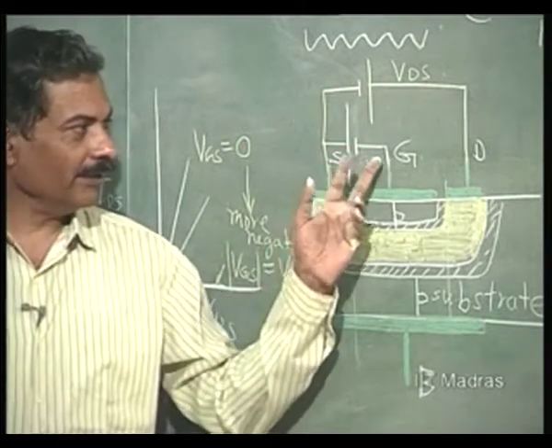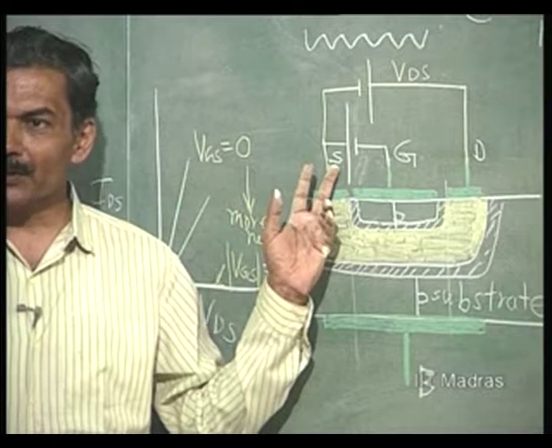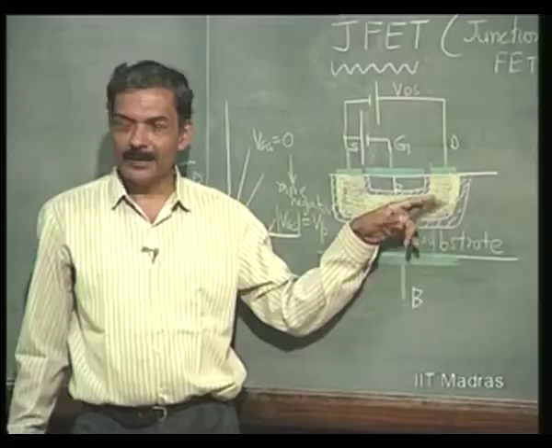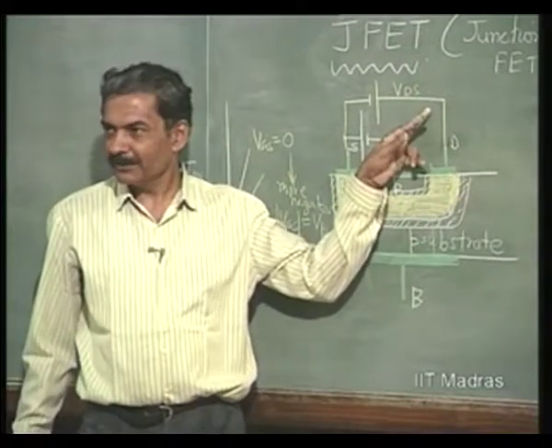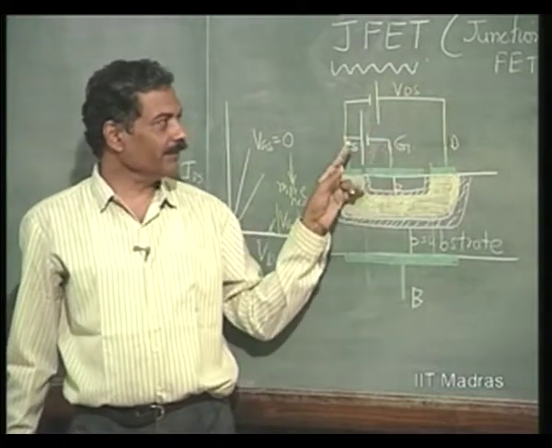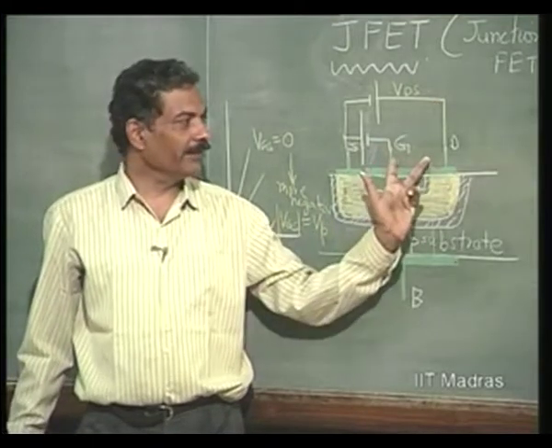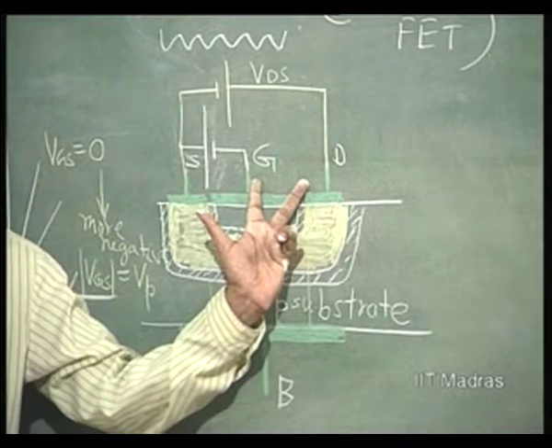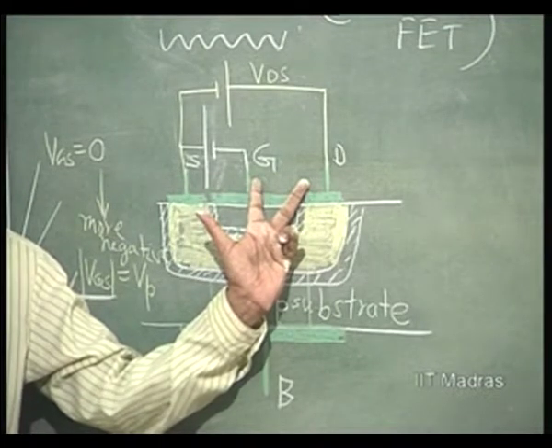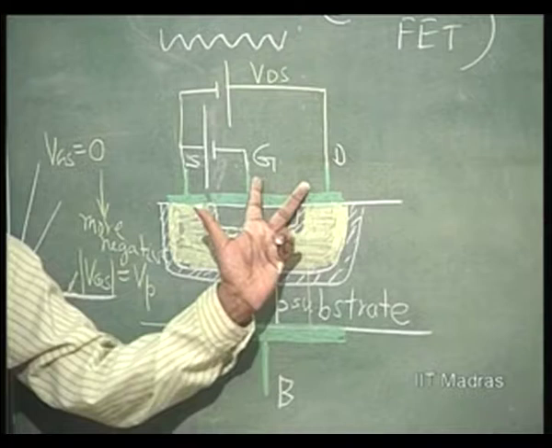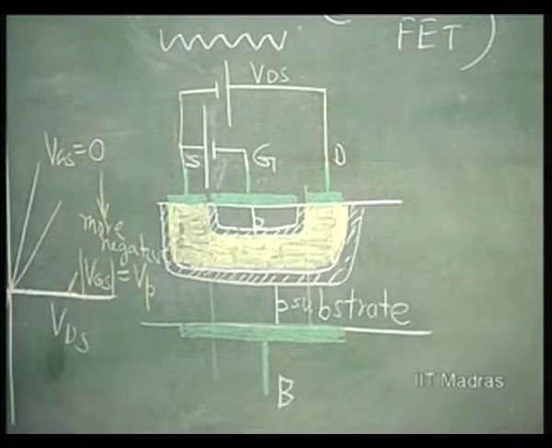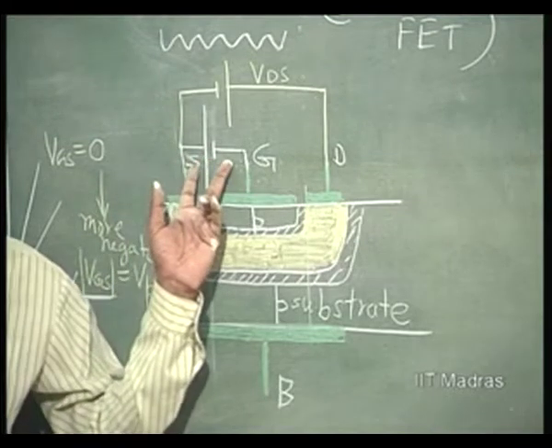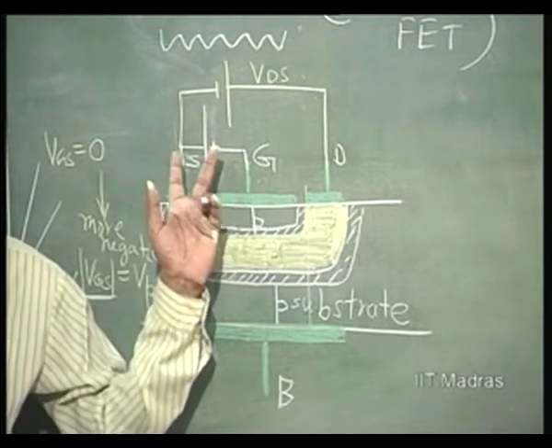Because for a given value of VGS, I would like to close the channel at the drain end. That is possible only if these voltages add. So, this voltage will add on to this voltage, and therefore the effective reverse bias voltage at the drain end is increased in magnitude. So, for a given value of voltage VGS, let us say equal to minus 1 volt.